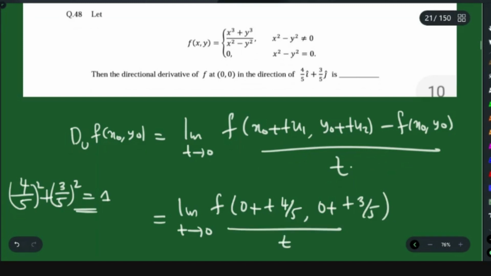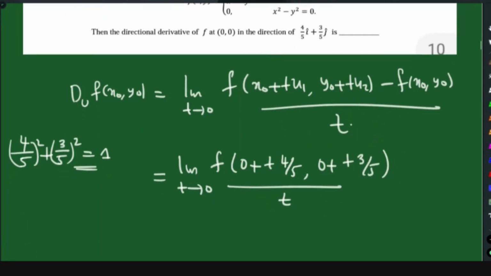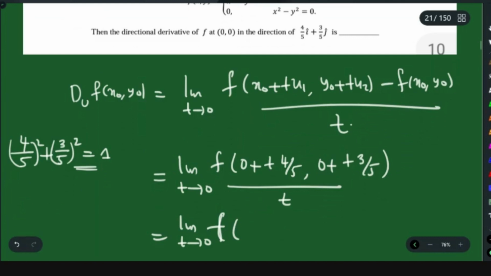Now you can substitute in the given equation. So limit t tending to 0 of f of (4 by 5 t, 3 by 5 t) divided by t.